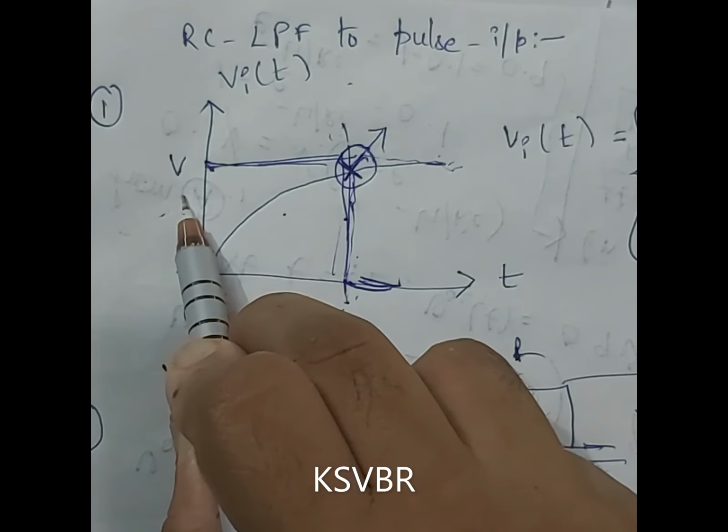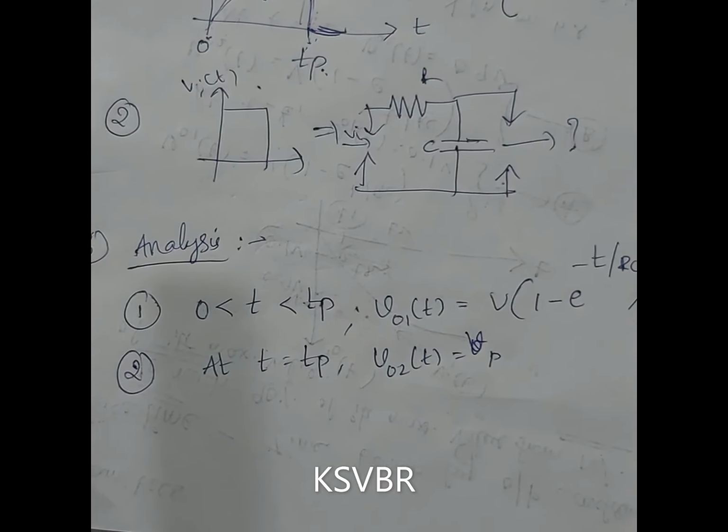So at t is equal to Tp, let V02 of t is equal to Vp. Okay, V02 of t is equal to Vp. So in this thing, what happened here?